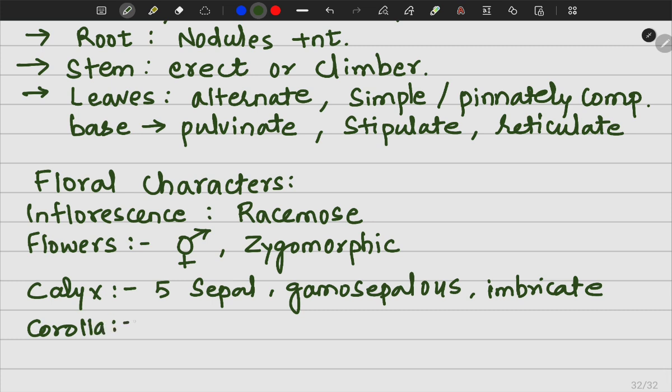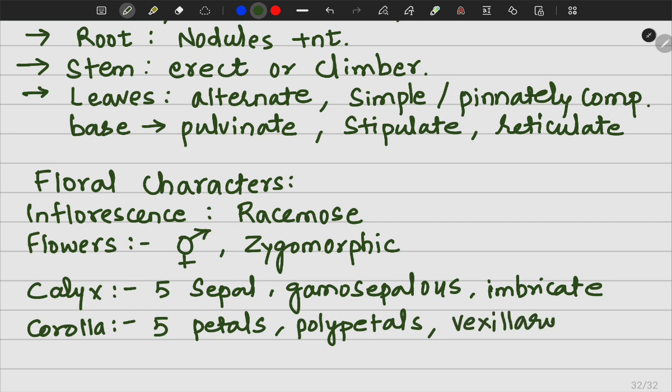If we talk about corolla, then it will also have 5 petals. Polypetalous, that means petals will be free. All right. And then vexillary aestivation.